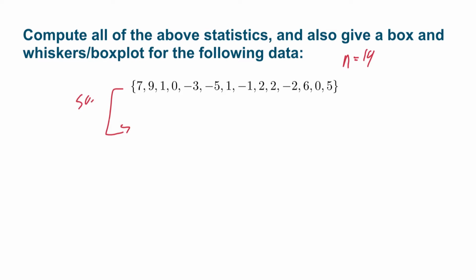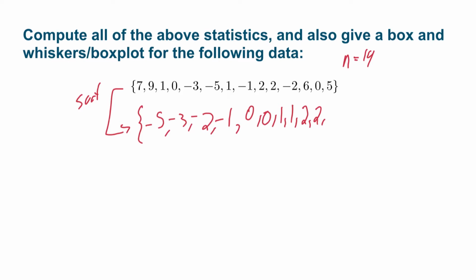So I'll start by sorting, and I get minus 5, minus 3, minus 2, minus 1, 0, 0, 1, 1, 2, 2, 5, 6, 7, 9.